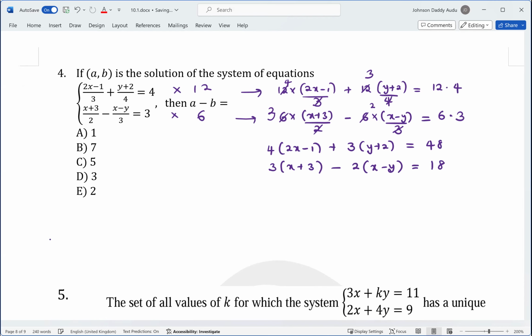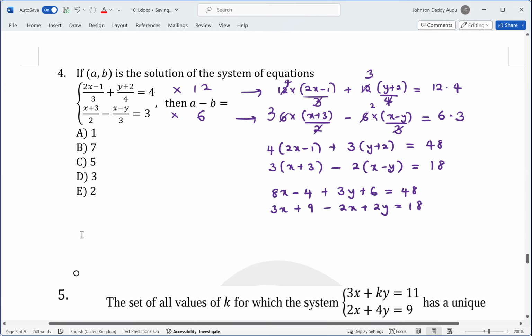Now, this is going to be 8x minus 4 plus 3y plus 6 equals 48. And here you have 3x plus 9 minus 2x plus 2y equals 18.